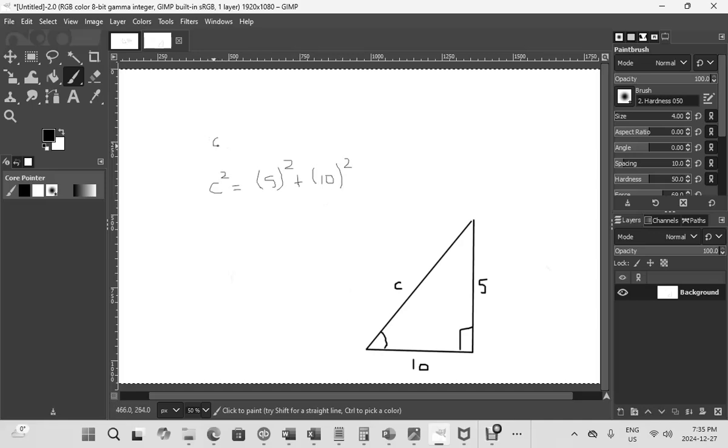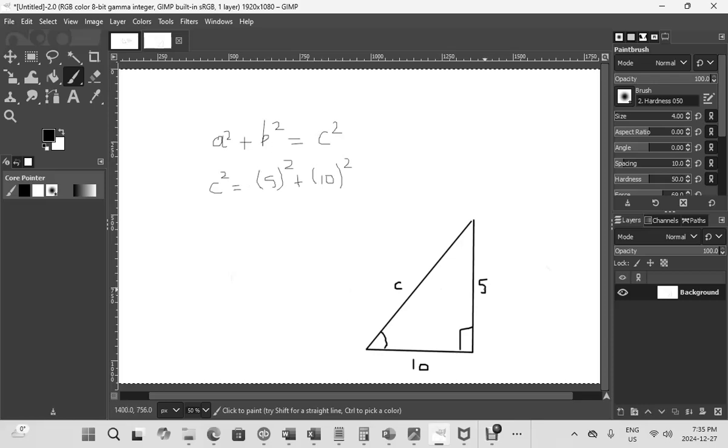This is basically saying that A squared plus B squared equals C squared.